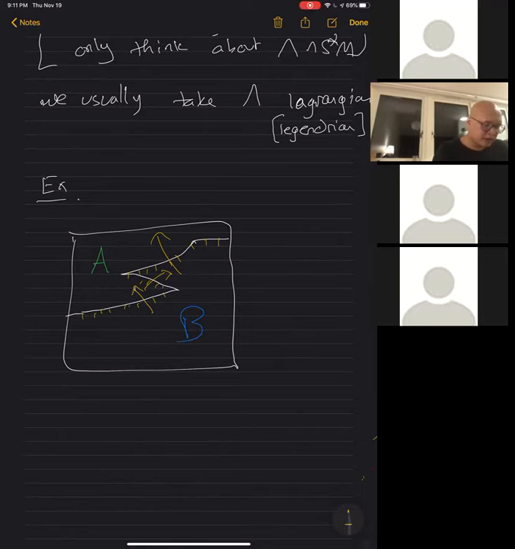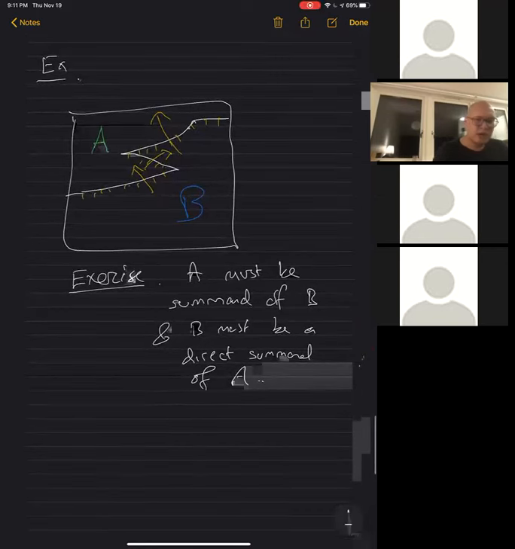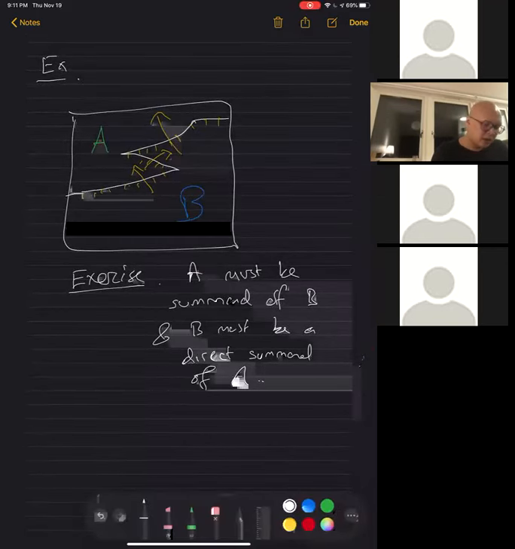So the exercise is that you can see from this that A must be a direct summand of B, and B must be a direct summand of A. Okay, so if you were to contemplate this example, you would learn that in fact the only such sheaves are the constant sheaf.